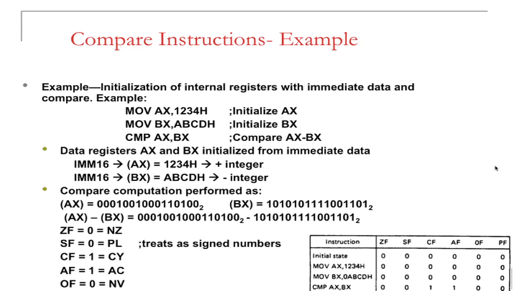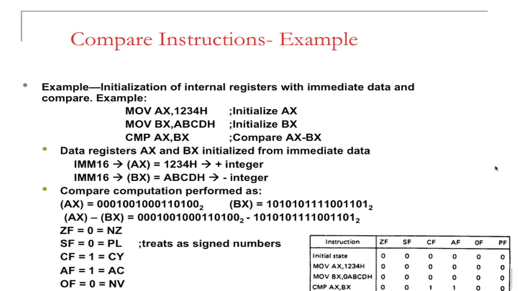In this case, zero flag will be a 0. That's indicating that the difference of these two numbers is not 0. And the sign flag will be a 0, indicating that the difference between destination and source is a positive number.